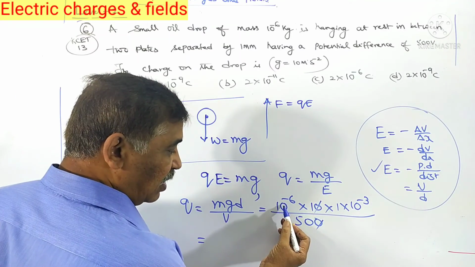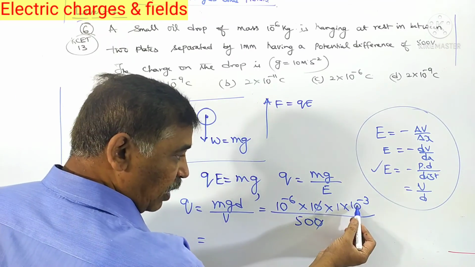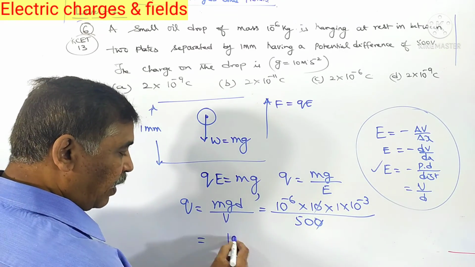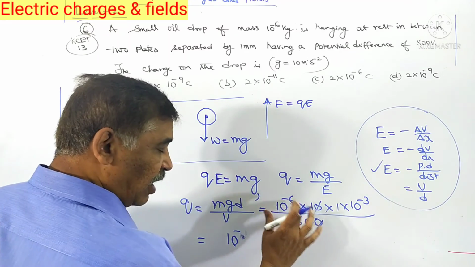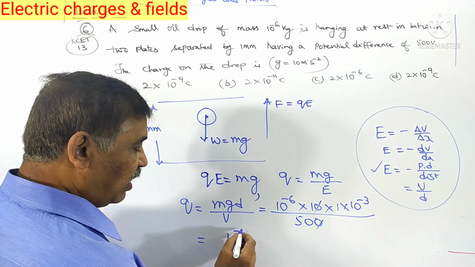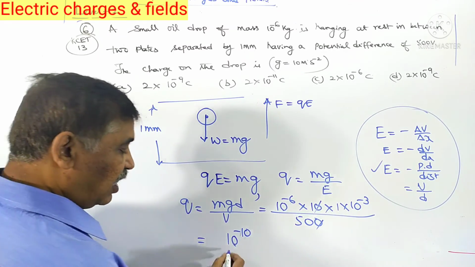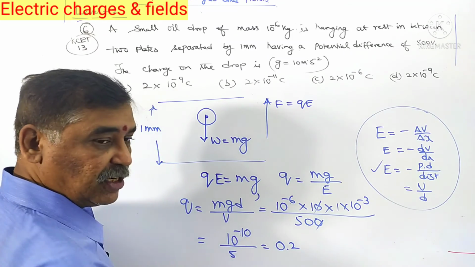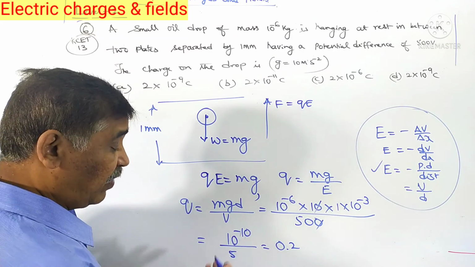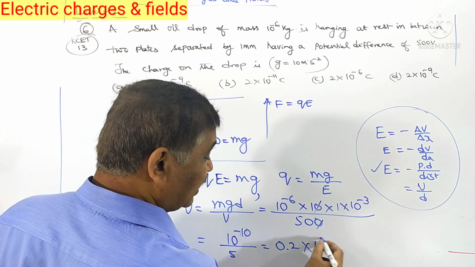10 power minus 1, 10 power minus 6, 10 power minus 3, if you add all these, you will get 10 power minus 10 divided by 5. So 1/5 I write as 0.2. Easy to calculate: 1/5 is 0.2 into 10 power minus 10.